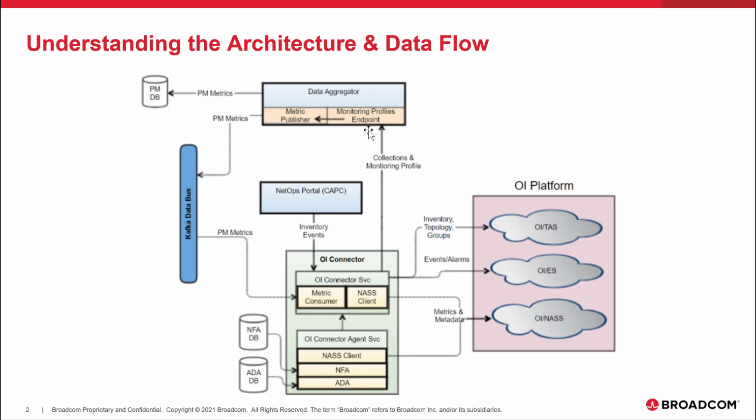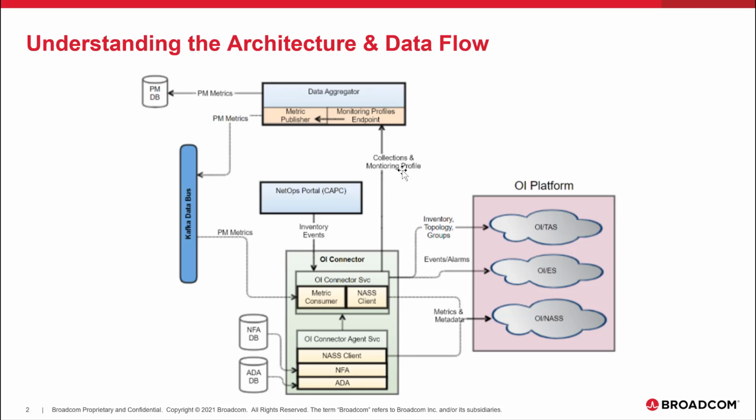And this is what allows clients like our OI connector to specify the inventory, the metric families, and the metrics that should be published onto the bus. The connector does this by creating an exported metric configuration within PM's consolidated monitoring profile. So the connector is essentially telling the data aggregator what metrics it wants sent to OI.